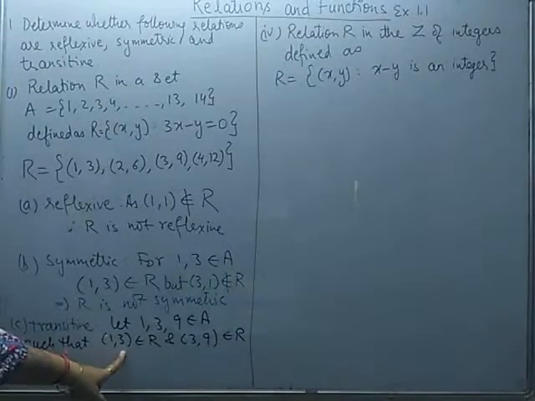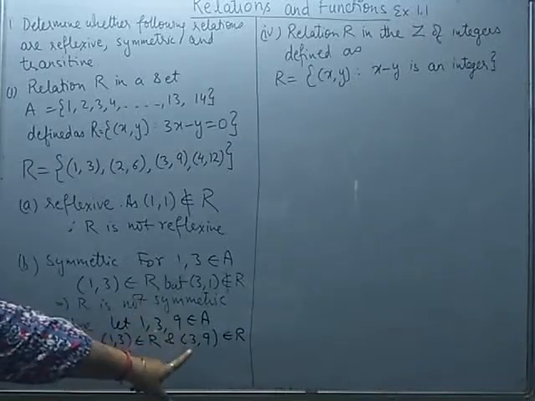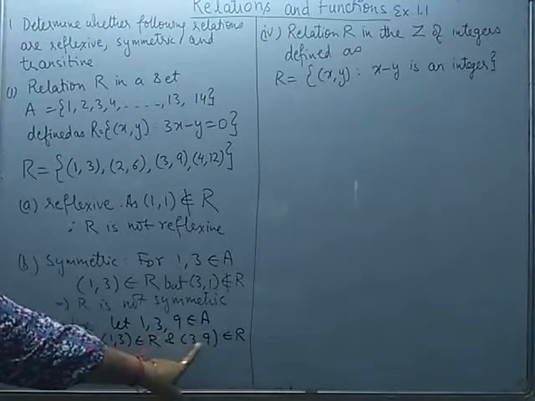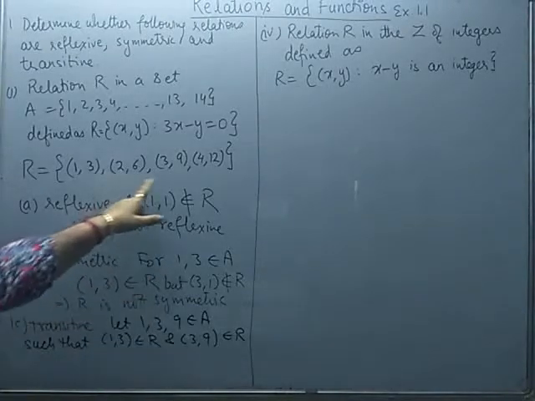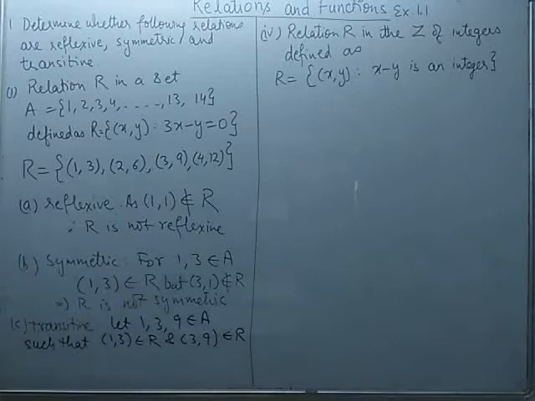But do you see 1 satisfying the same relation with 9? That is not established. If that was correct, we would have a pair (1, 9) in R. But (1, 9) does not belong to R. Therefore, R is not transitive.